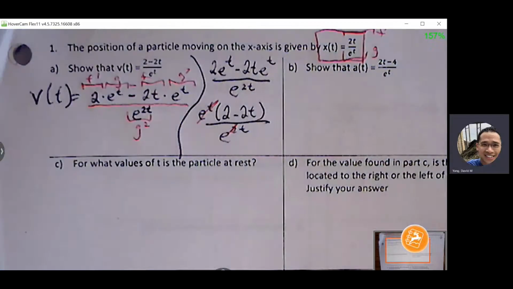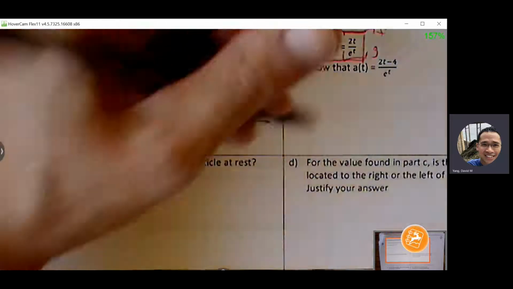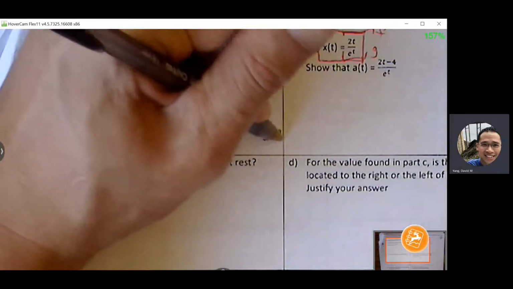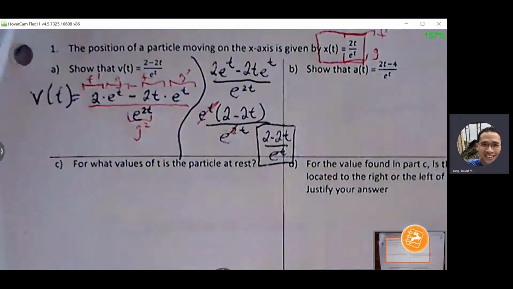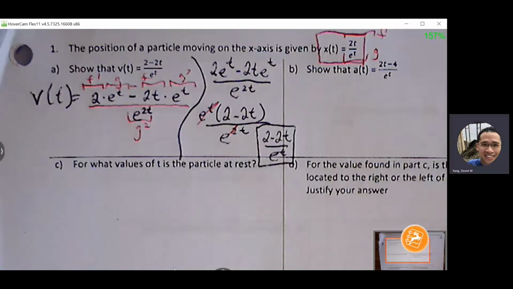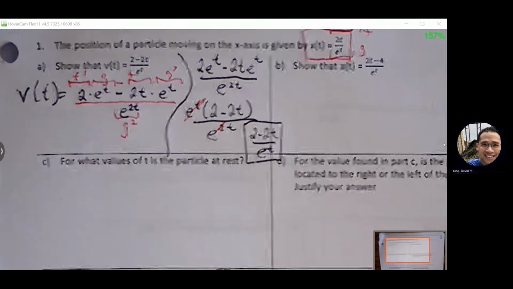So now we're left with 2 minus 2t over e to the t, and that matches what we want. Okay, so we have our matching velocity function. All right, questions there?